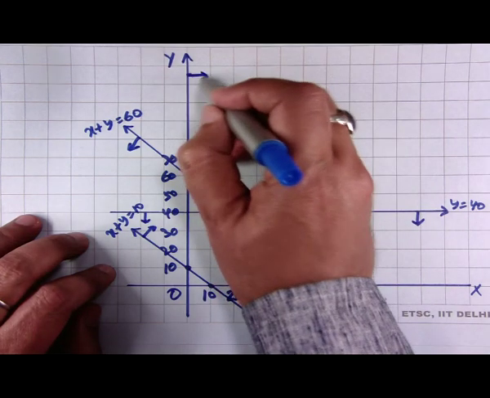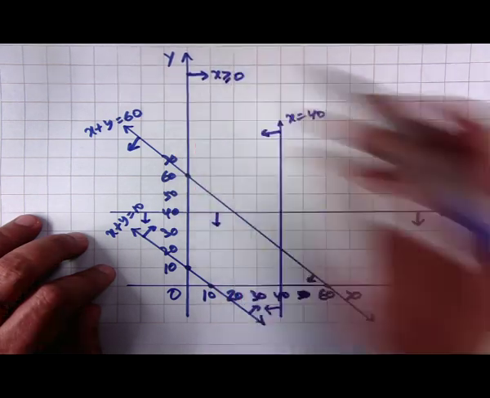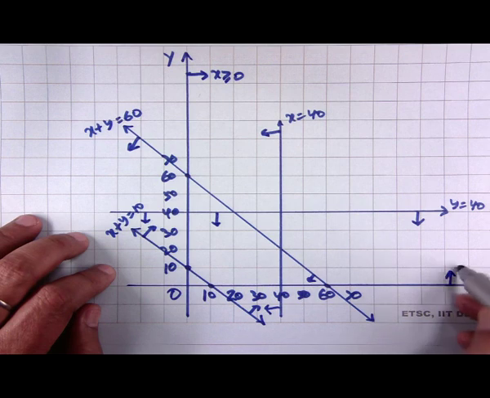And this is x greater than equal to 0, and this is y greater than equal to 0.